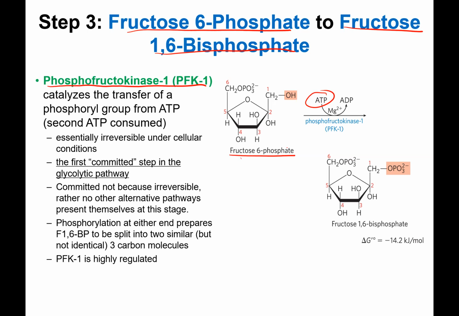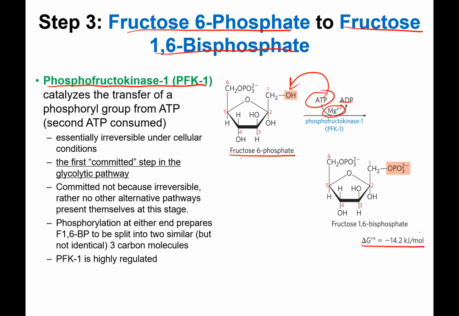And again, notice pretty much whenever we have ATP, we're going to have the magnesium ion. So ATP gives up its phosphate to go here, and we generate ADP as a product, as well as the fructose 1,6-bisphosphate.